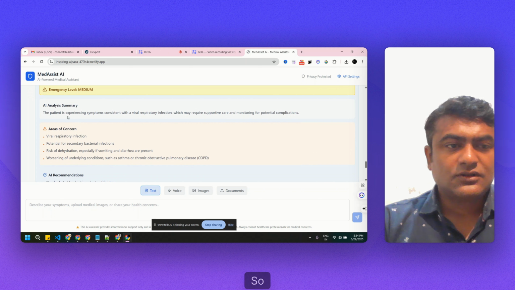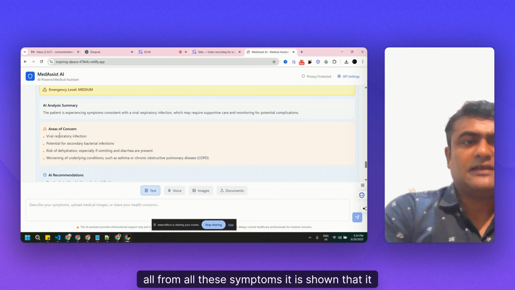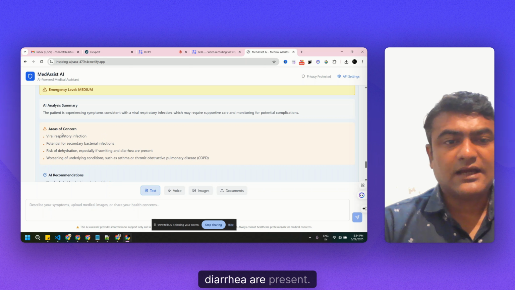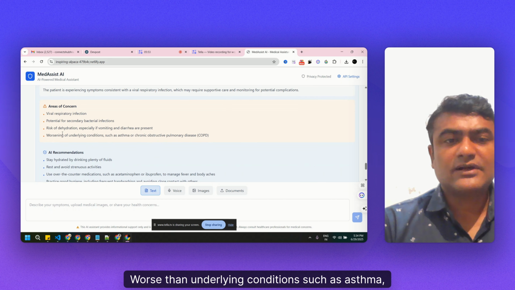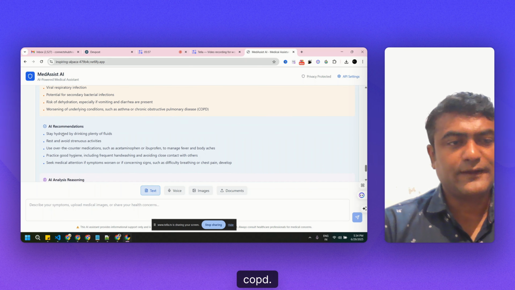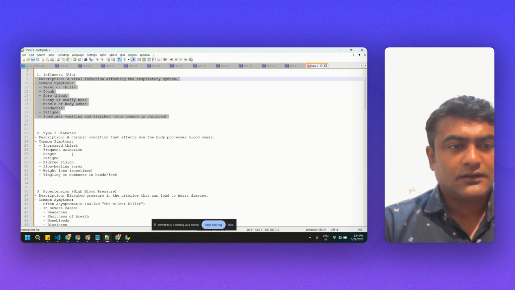From all these symptoms, it is shown that it could be a viral respiratory infection, with potential for secondary bacterial infection, risk of dehydration, especially if vomiting and diarrhea are present, and worsening of underlying conditions such as asthma and chronic obstructive pulmonary disease, COPD. Then it has recommended some steps also, as you can see, along with a proper analysis and reasoning.